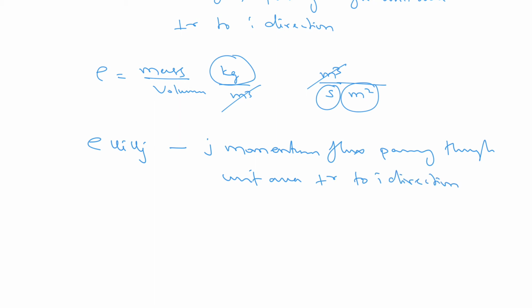So we started with ui, it said about the volume flux, then we considered rho ui, it told us about the mass flux, and rho ui uj tells us about the momentum flux. So you have to see it like this: it's the j momentum flux passing through unit area perpendicular to i direction. That's how we have to see this term.